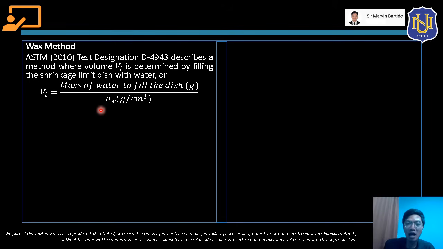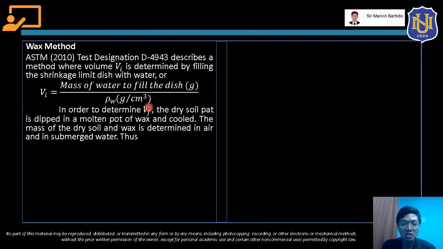What we get, class, is the volume of water, since we used water. To get it, it is just the mass of the water over the density of water, which is just 1 gram per cubic centimeter. The volume of water we get is equal to the inside volume of the dish, and the inside volume of the dish is equal to the volume of the wet soil. Therefore, our V sub I is the volume of our wet soil. That's how we determine V sub I.